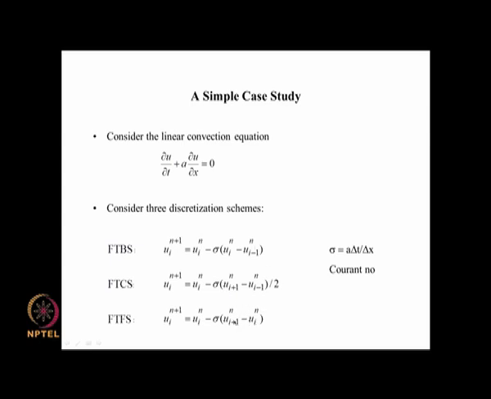So, these two are the same, except that we are taking a difference between ui and ui minus 1 in backward differencing, and here it is ui plus 1 minus ui, forward differencing. And both FTBS and FTFS are first order accurate in time and first order accurate in space, whereas FTCS is first order accurate in time and second order accurate in space.